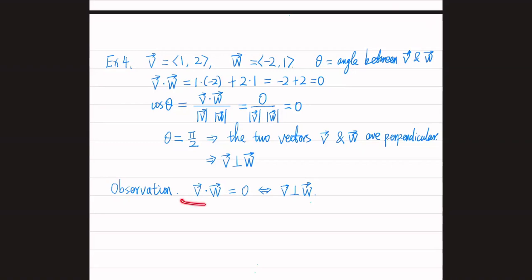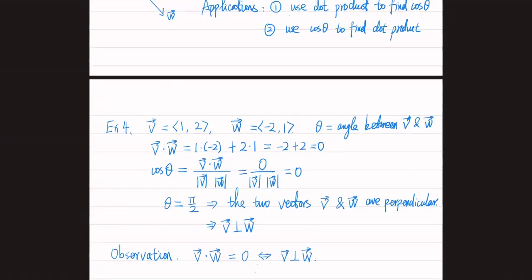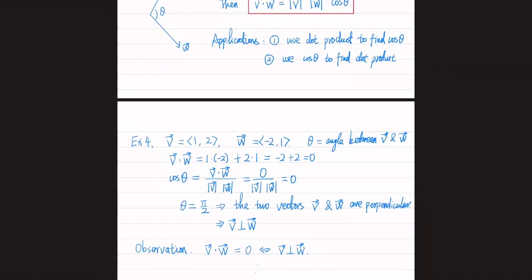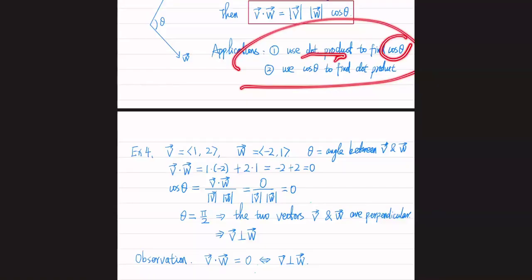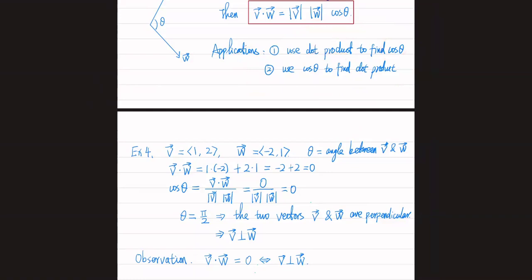If we know the dot product is 0, then it's perpendicular. The other way, if we know two vectors are perpendicular, their dot product must be 0. That goes both ways. So this is a special case of the application we mentioned over there. We can use the dot product to find cosine theta. We can even find theta. We use the angle to find the dot product.